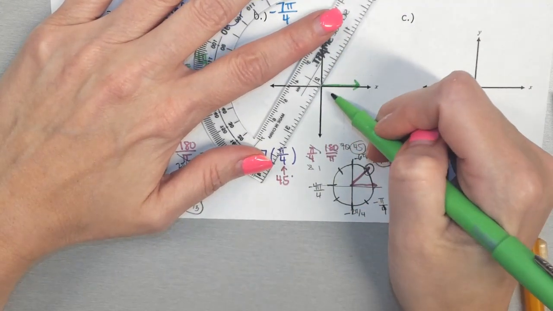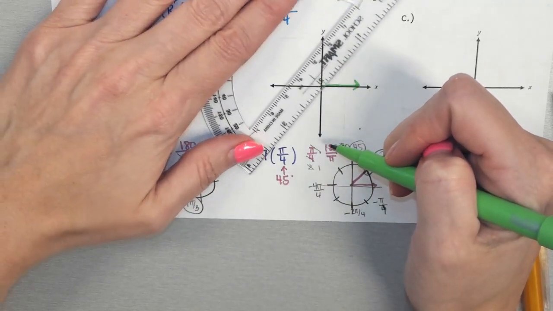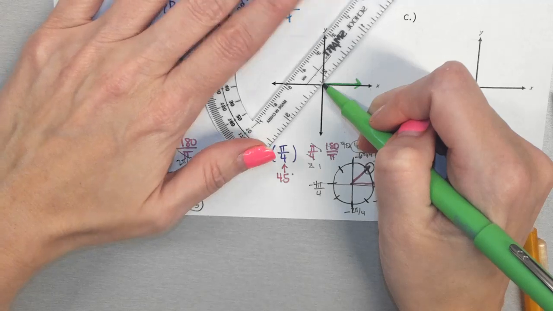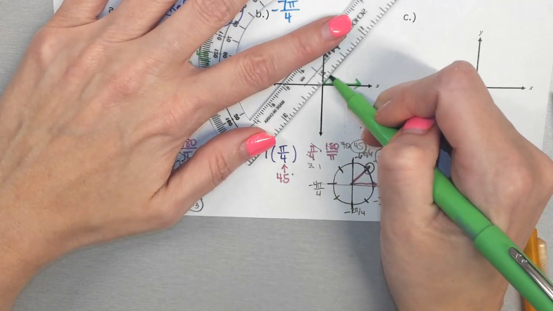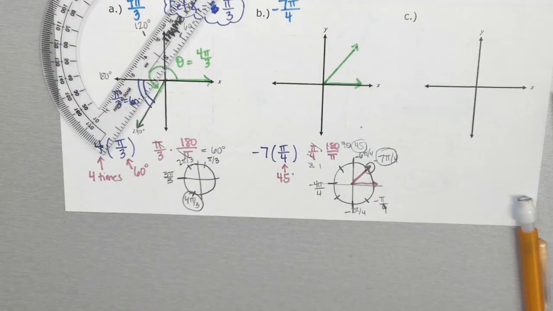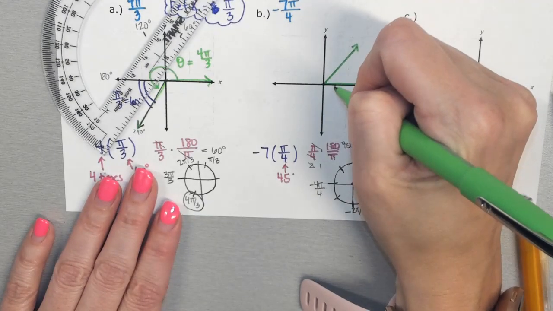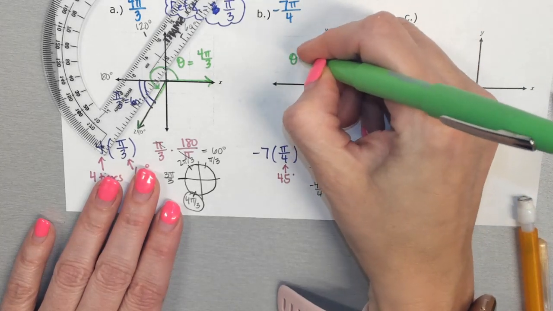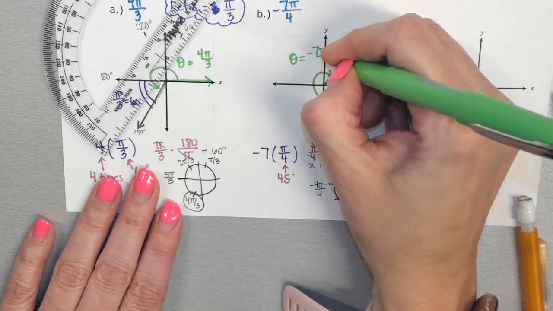It's 45 degrees, so it should be exactly halfway, which is nice when you're doing it with graph paper because then you can see the halfway. You can cut those in half. And then because it's negative, you start here and you circle around. Your theta value is -7 pi over 4.